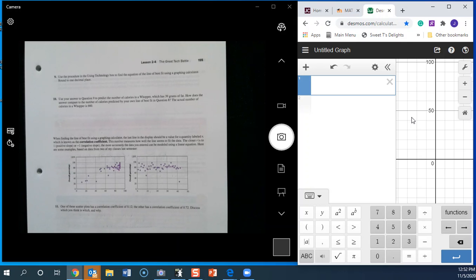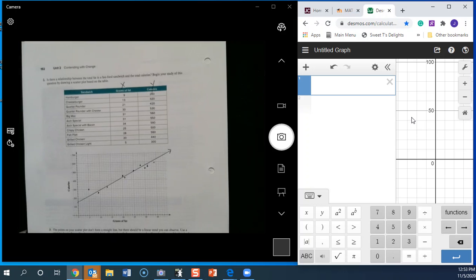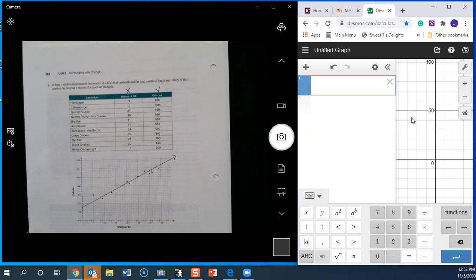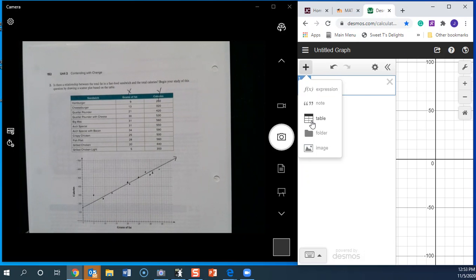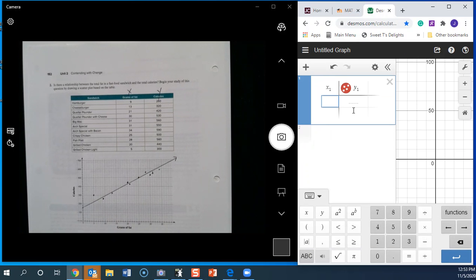Okay, so basically what would end up happening, we will first have to go back to page 152 to this table. We need to type in this table here. So we would add a table and we'll type in these numbers.